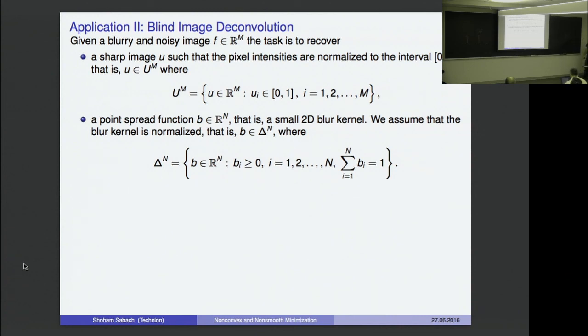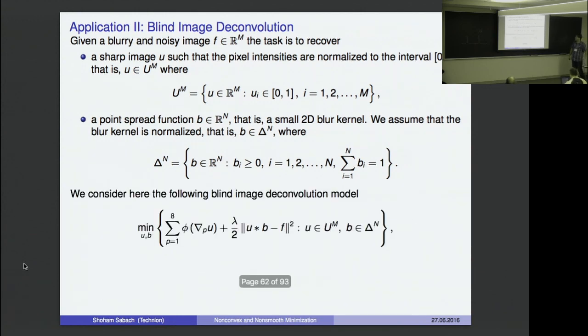And the kernel should be in the unit simplex of size capital N. As you can see, again, the two variables of the problem have convex constraints.